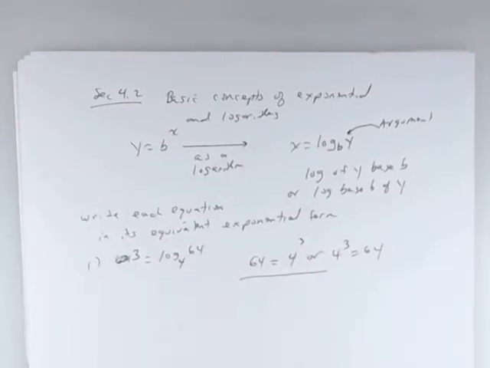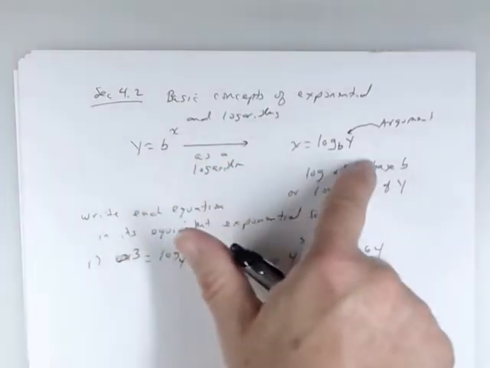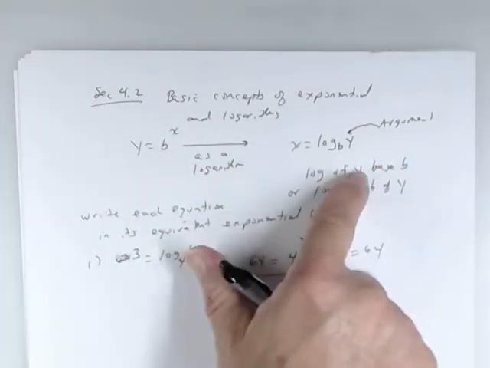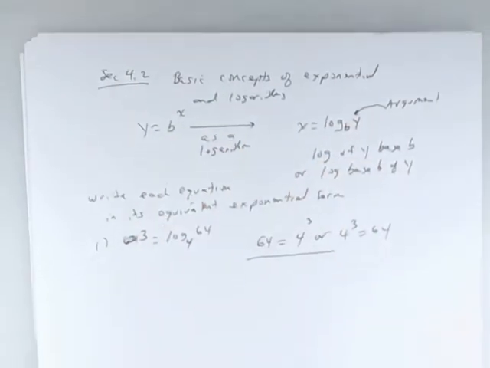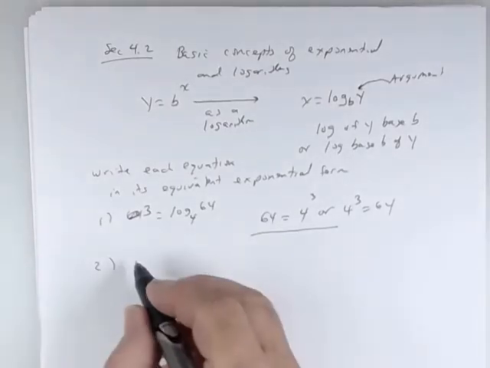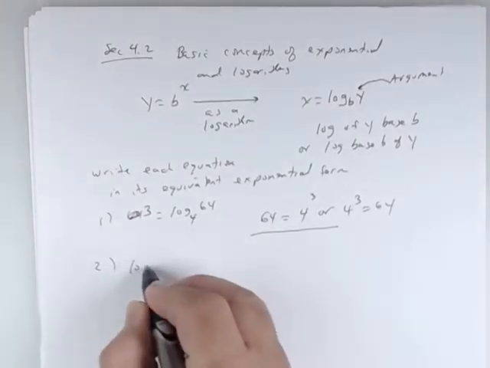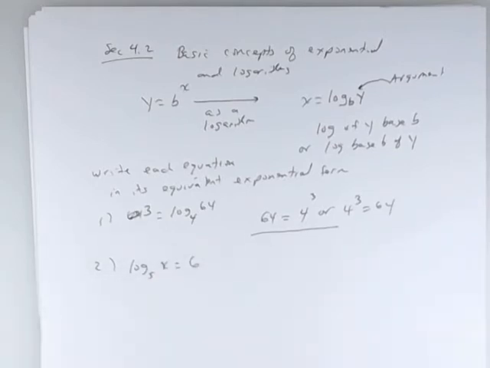And that's all they want you to do, was to rewrite this as an exponential. All right, so all this is just making sure that you know this definition right here, how to go from one to the other in both situations. Okay, number 2, suppose you had log base 5 of x equals 6.